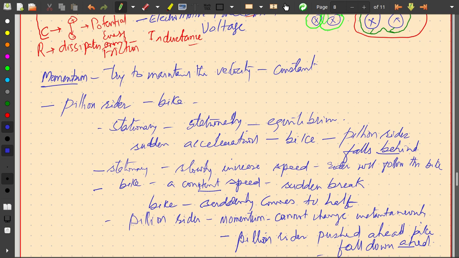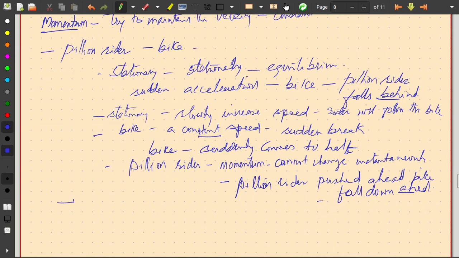So we can correlate these things and say that always the inductance is trying to oppose the change in current. Whenever you have an inductor, the basic property of the inductor is to make sure that this current remains constant, even if there is some driving force which tries to change this current.